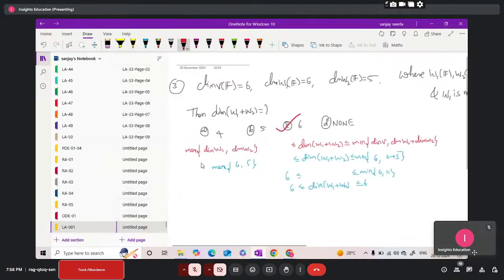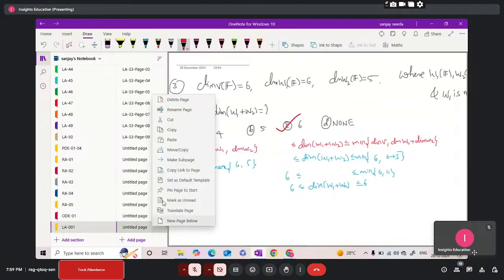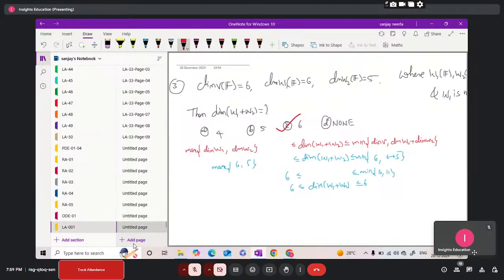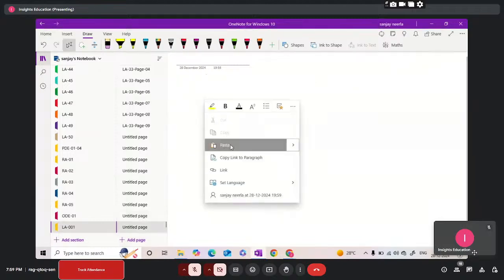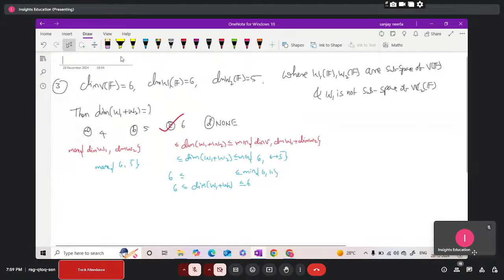Now I'm modifying this problem. Suppose the dimension of W1 is 4 and the dimension of W2 is 5. Now what is the answer?